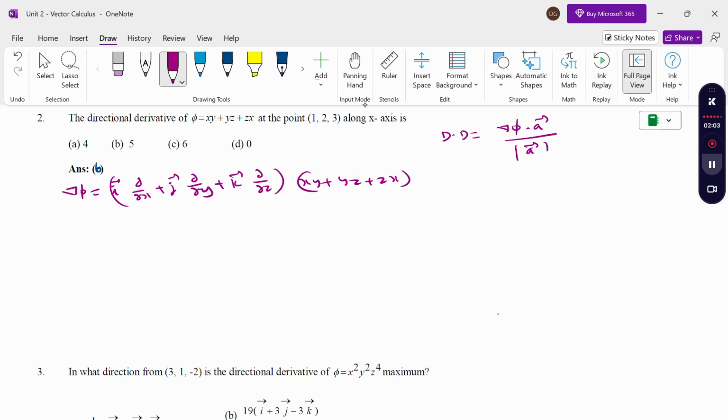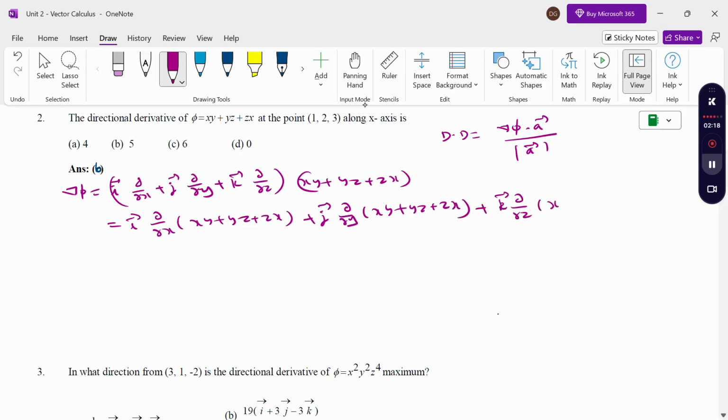So when we are multiplying inside, ∂/∂x of (xy + yz + zx) plus j vector ∂/∂y of (xy + yz + zx) plus k vector ∂/∂z of (xy + yz + zx).